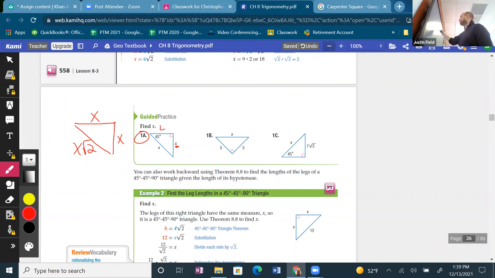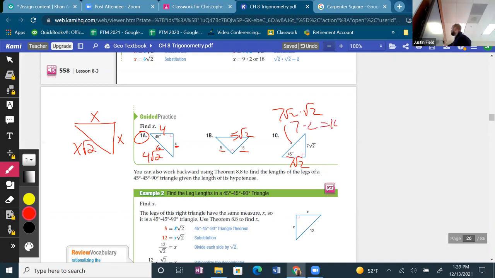So I know that the other leg is also 4, and the hypotenuse is 4 times the square root of 2. In this one, we have both legs, so we know 5 root 2. This one, 7 root 2, so we know that the other leg is 7 root 2, and the hypotenuse would be 7 root 2 times root 2. And what is root 2 times root 2? It's 2. So 7 times 2 is 14.